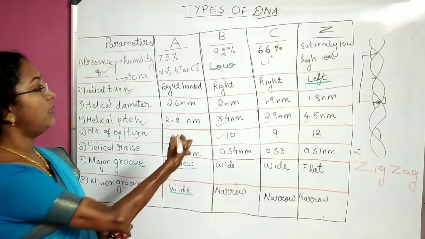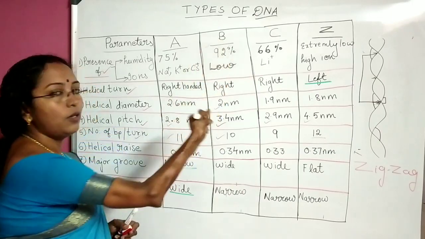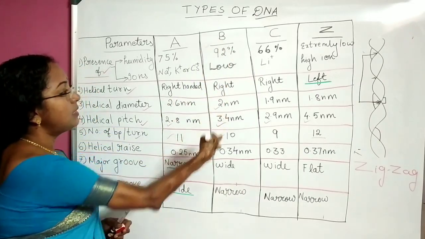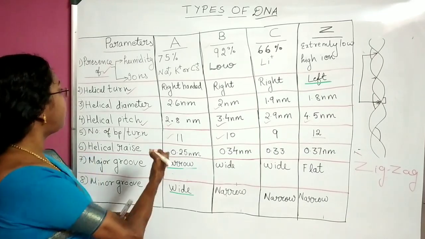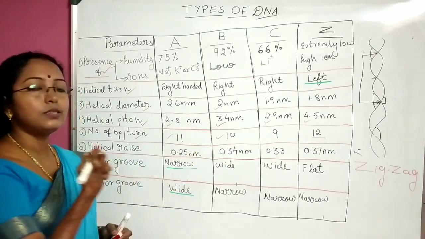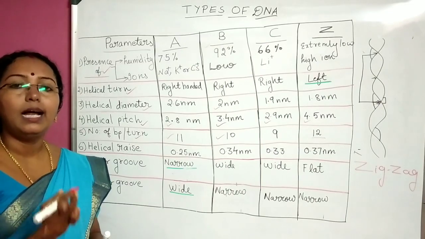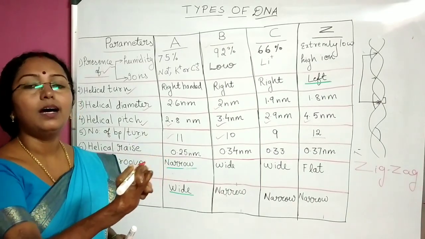Coming to B-DNA, that is our normal DNA, the width is just 2 nanometer, the distance of one turn is 3.4 nanometer, and in that 10 base pairs are arranged.